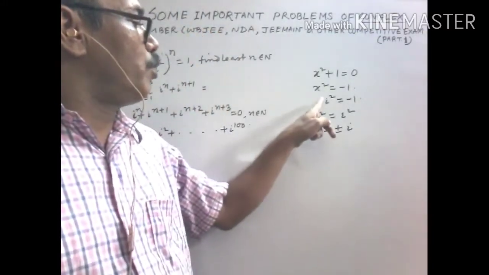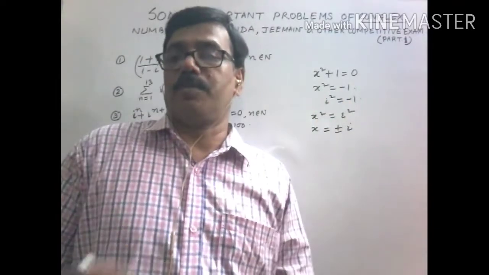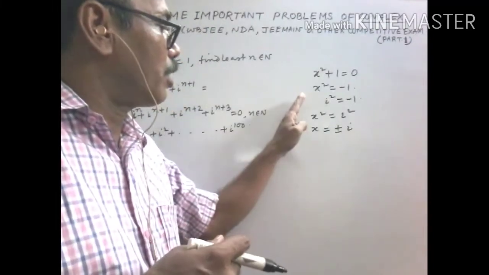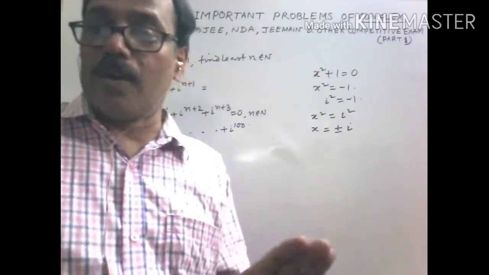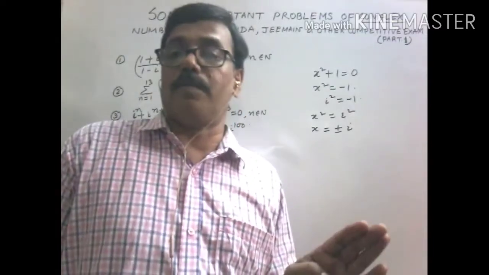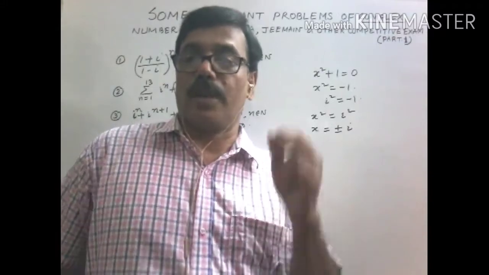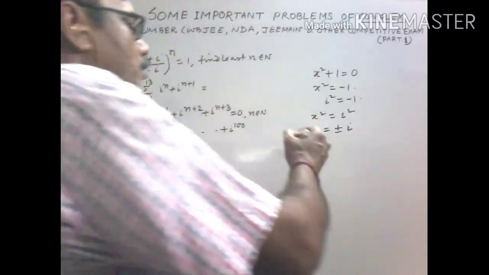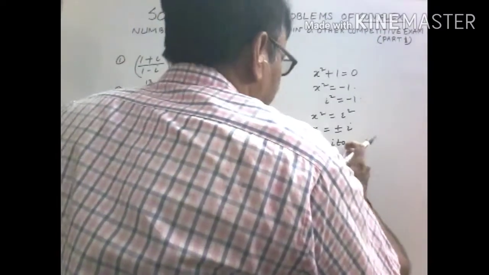So if we take i square equals minus 1, we can solve this type of problem. So if the square of a number is negative, then that type of number is termed a complex number. The symbol i is also called iota.